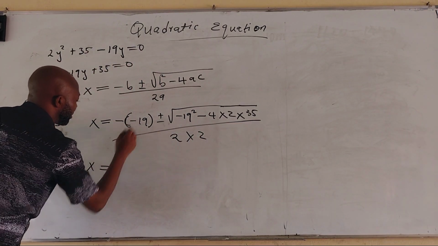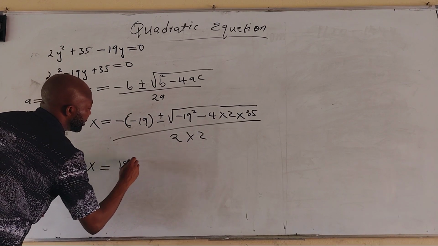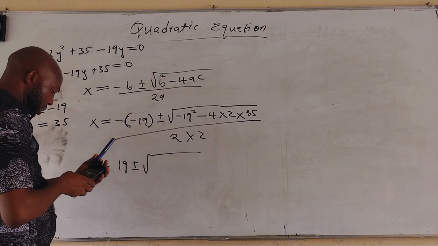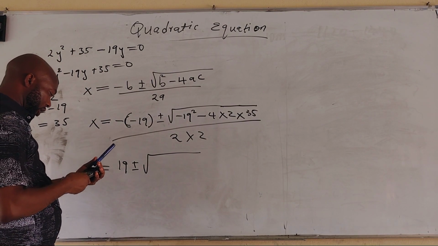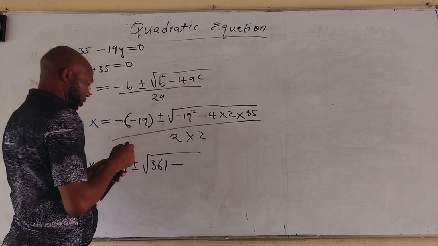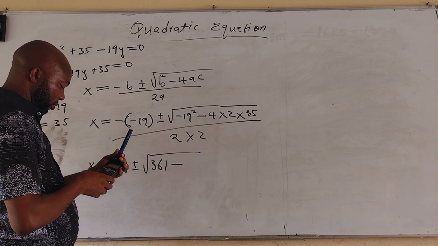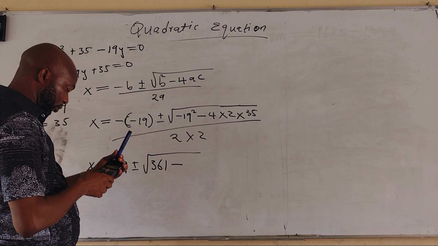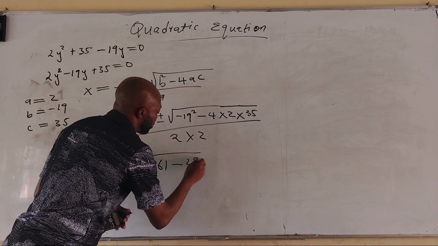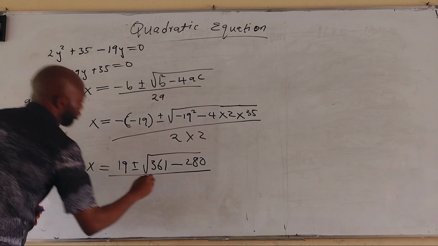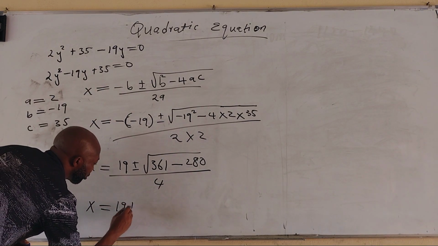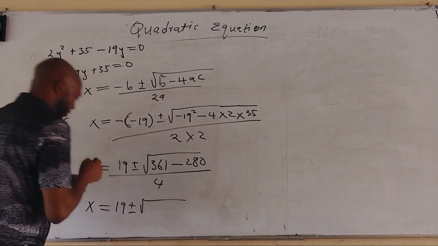Minus times minus is plus, so I have 19 plus or minus the root of 19 squared, which is 361, minus 4 times 2 times 35, 280, over 4.